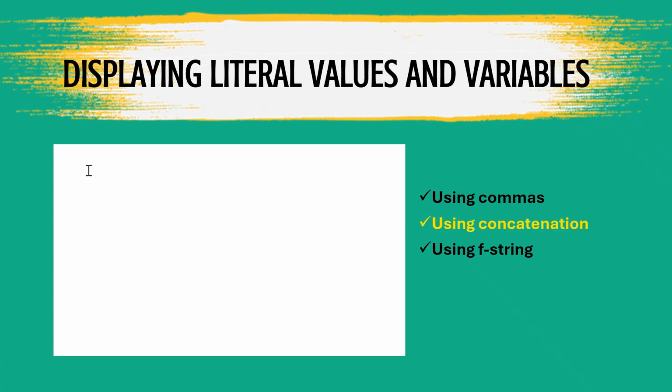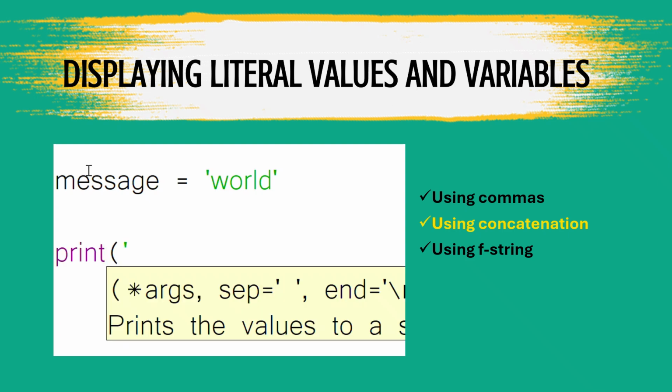The second method is concatenation. Remember, concatenation means joining strings together. When using concatenation, you use the plus operator to combine strings. Unlike commas, Python does not add spaces for you, so you need to include them yourself.